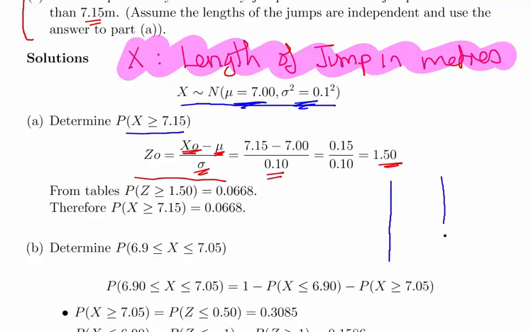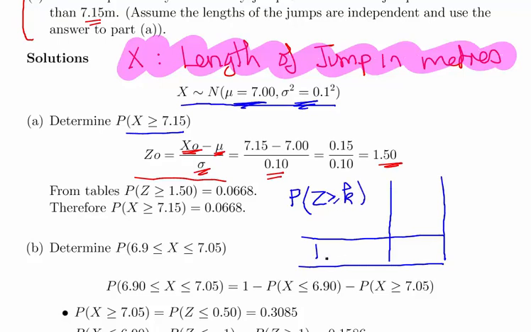Now this is how we would find it in the tables. The tables that I generally use work on the basis of the probability of z greater than some certain value. I go down to row 1.5 and I go to column 0.00, which corresponds to that second decimal digit.